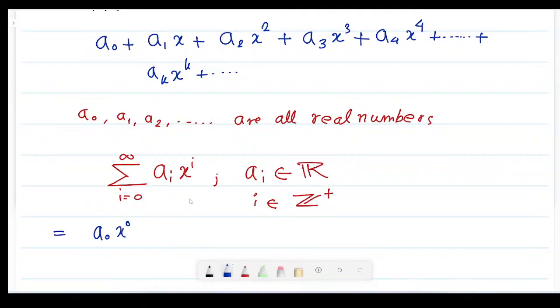a0 x to the power 0, x to the power 0 means 1, we get a0. a1 x to the power 1, now i is 2, a2 x to the power 2, now i is 3, a3 x to the power 3, and so on, and we get the above expression.